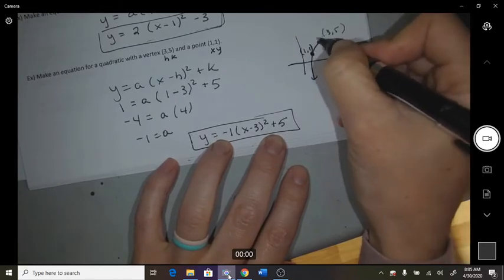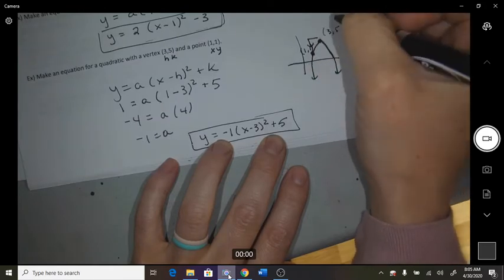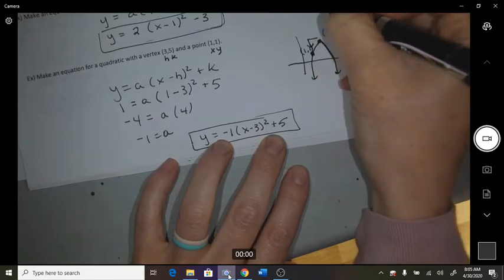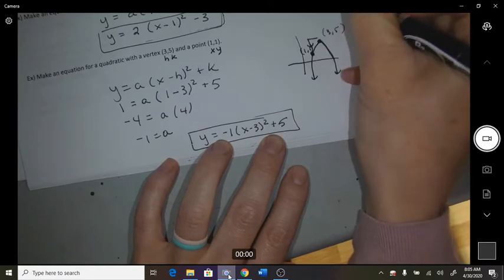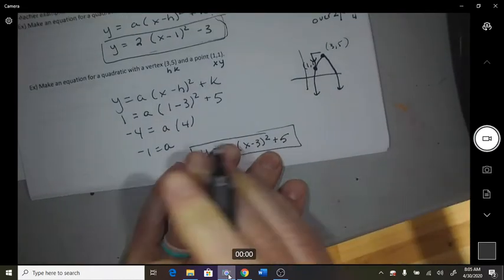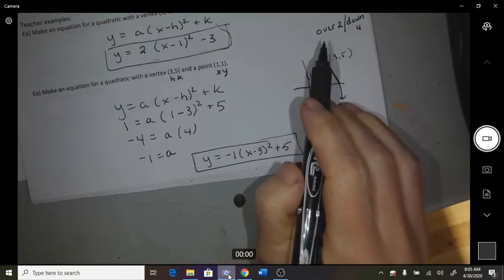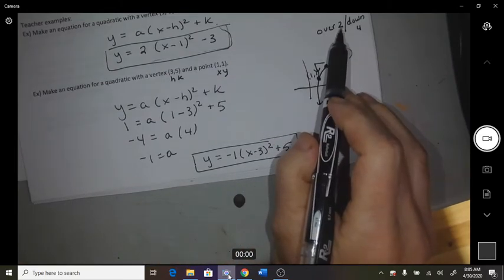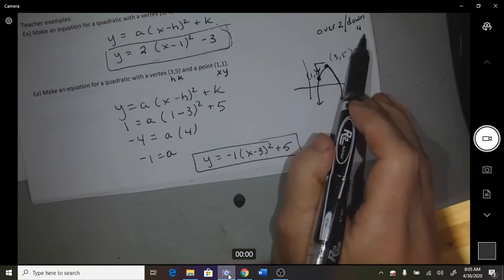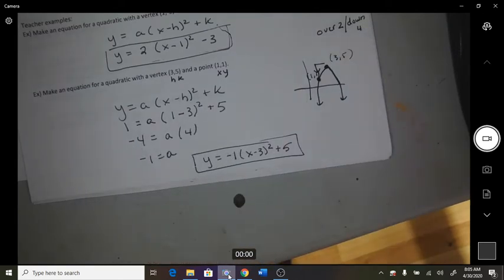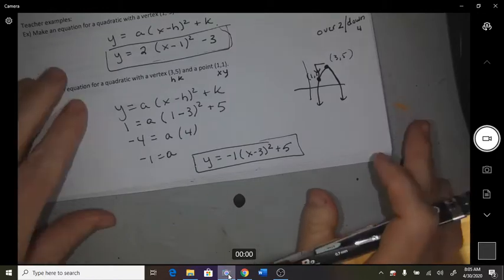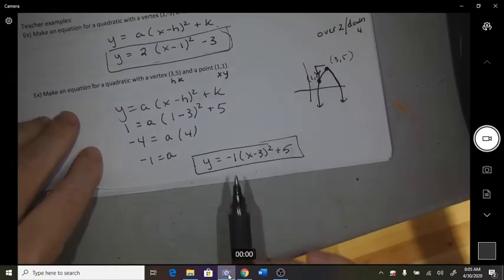And then I moved over 2 and down 4. When you have 2 squared, it's normally 4, but we went down 4, so all we did was times it by a -1. So therefore the slope is -1.